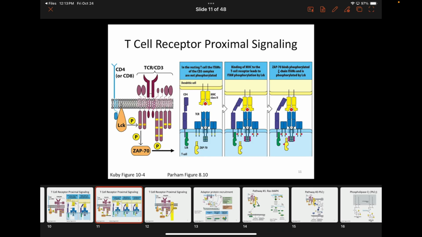I don't know why I skipped ahead. So here you can see we get these phosphorylation sites, and that lets ZAP70 come in. Here's your textbook's version of it. You can see ZAP70 has this little shape on it that's really good at binding phosphorylated ITAMs. Before, ZAP70 can't really do anything because there are no phosphorylated ITAMs for it to bind. Now, once we have phosphorylated ITAMs, ZAP70 can come in and start binding in this place where it could not before.